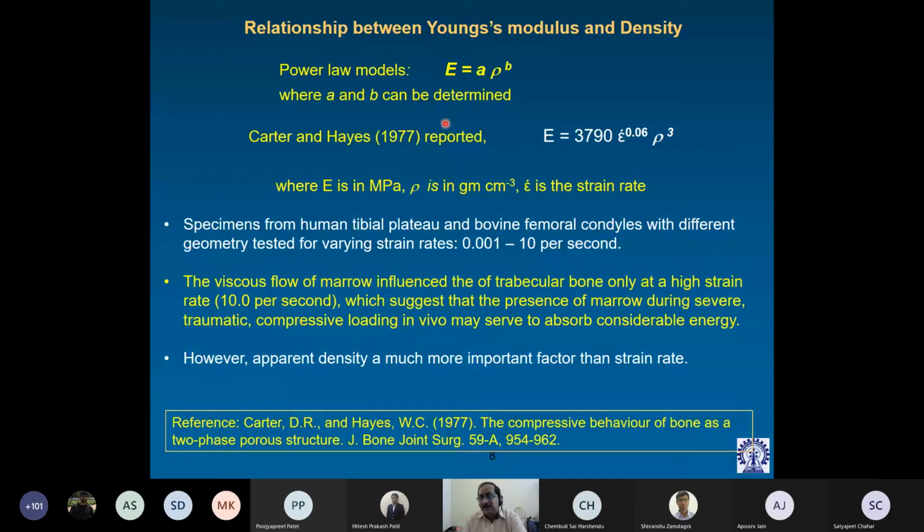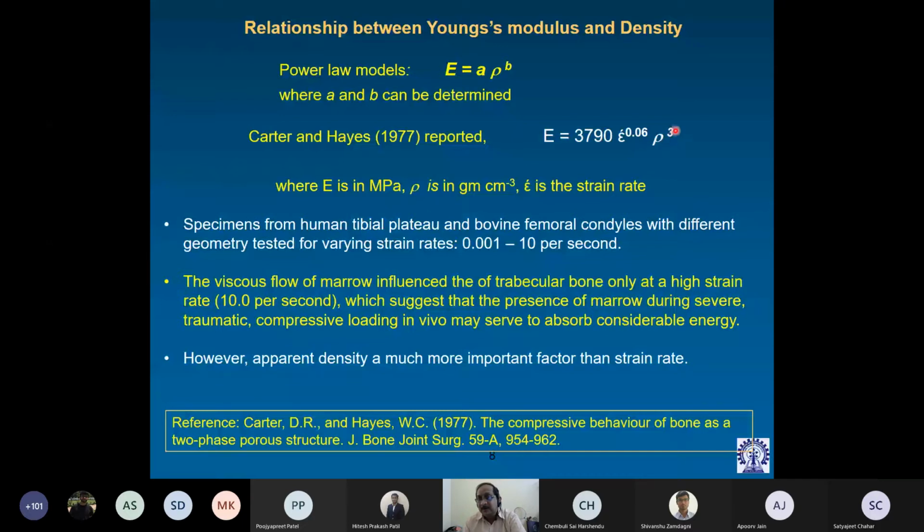So what Carter and Hayes suggested is a relationship which has been widely used. It is E equal to 3790. This is the constant A. There is a term which contains the strain rate. He introduced strain rate. This is another property of the cancellous bone. We are keeping that aside for the moment, but rho is the apparent density to the power cube.